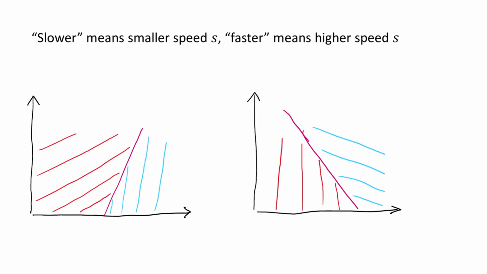In the example on the left, characteristics are fairly fast, whereas the characteristics on the right have speed close to 0, and the shock speed is somewhere in between. In the right picture, the characteristics on the left have speed close to 0, and the characteristics on the right have a negative speed. And the shock curve, again, has a speed somewhere in between.